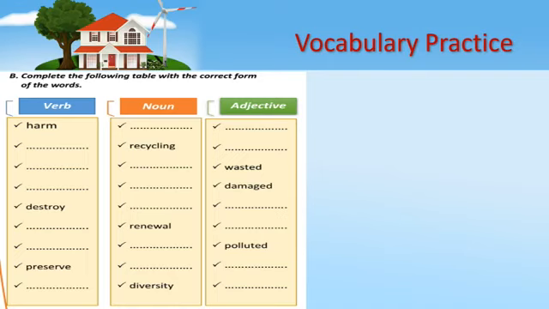Your job is to find out and give the missing forms. For example, the first example is the verb to harm, and the missing forms are the noun and the adjective forms. So the noun form for the verb to harm is also harm with no changes.